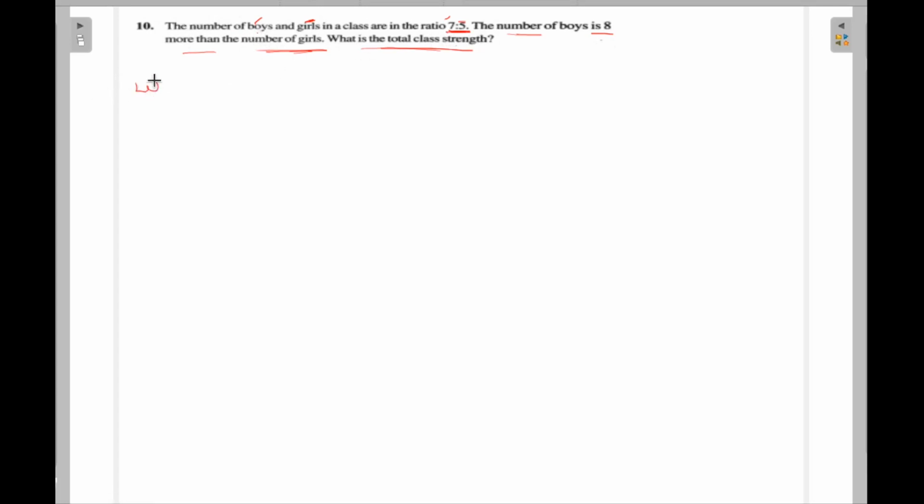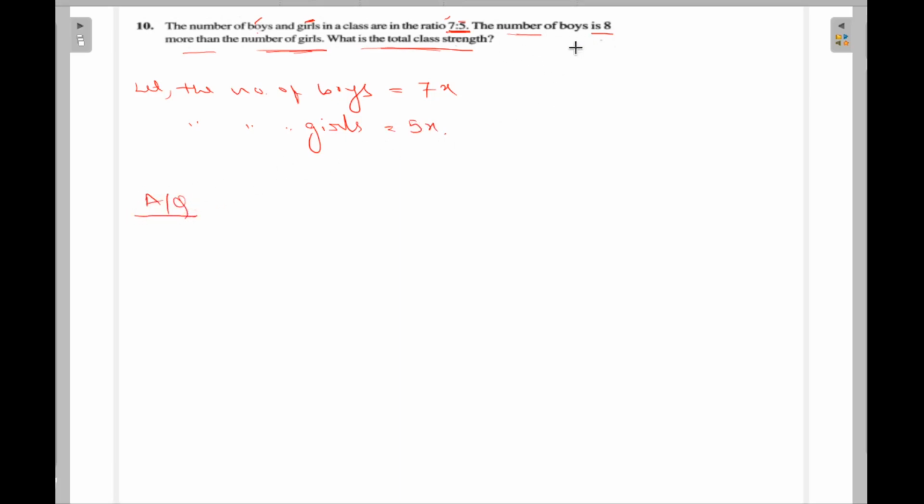First we have to take the number of boys and girls in the class. Let the number of boys be 7x, as it is given in ratio form. The number of girls is 5x.